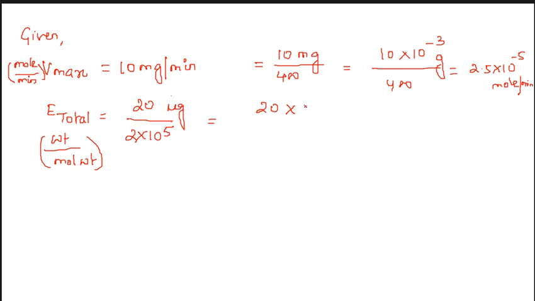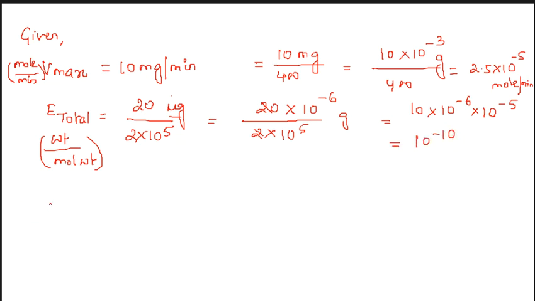If we convert this into gram, if we go from milligram to gram, it is 10 to the power minus 3. If we have to go from microgram to gram, we will multiply with 10 to the power minus 6, into 2 into 10 to the power 5. When we solve this, 2 got cancelled out, and here this 10 will go above. So it will be 10 into 10 to the power minus 6 into 10 to the power minus 5. So if we solve this, it will be 10 to the power minus 10.